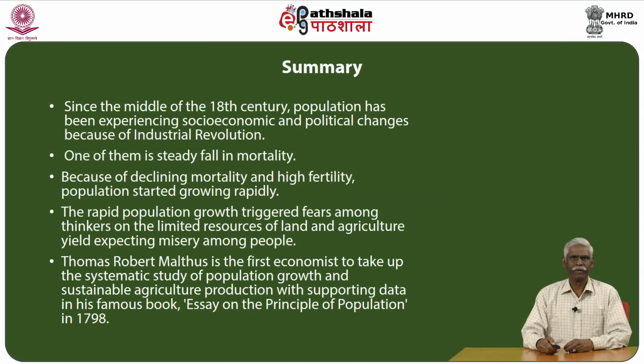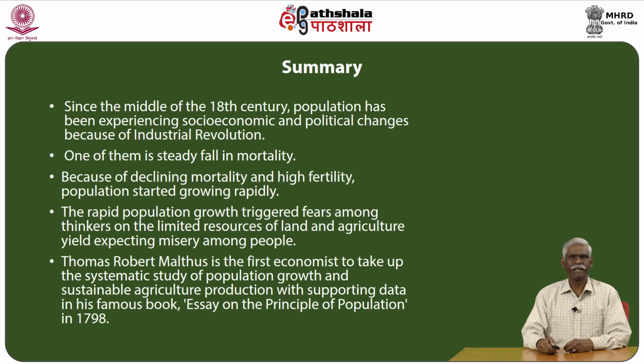In short, we can say that since the middle of the 18th century, population has been experiencing various socio-economic and political changes because of the industrial revolution, and one of them is a steady fall in mortality. Because of declining mortality and high fertility, population started growing rapidly. This rapid population growth triggered fears among thinkers about the limited resources of land and agriculture yield, expecting misery among people.